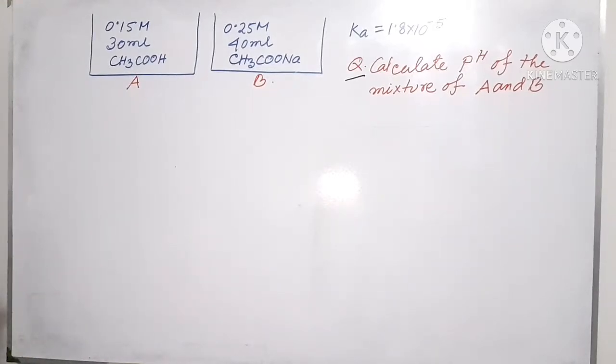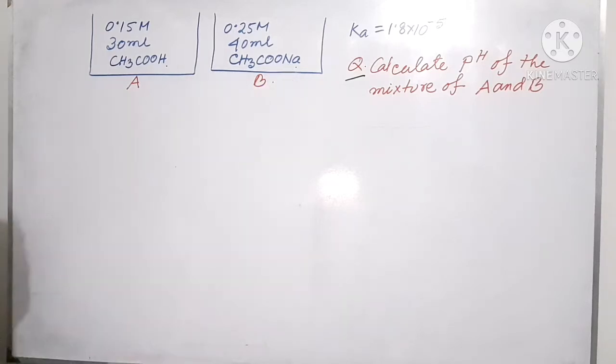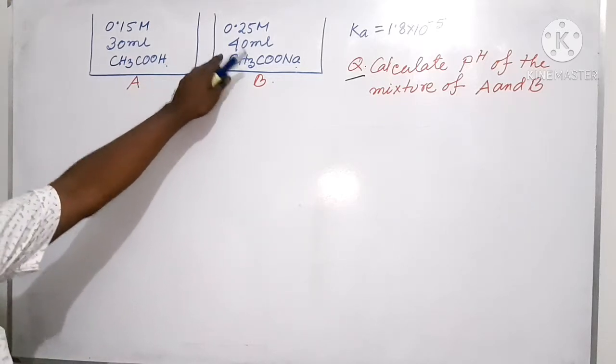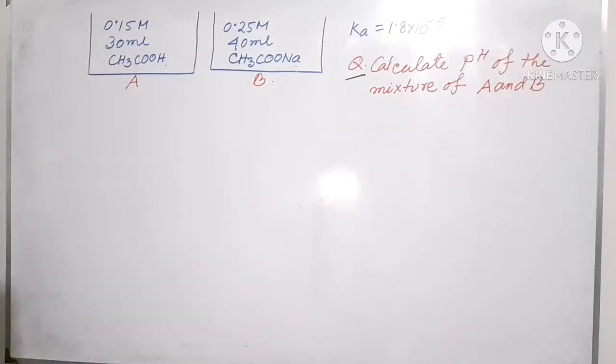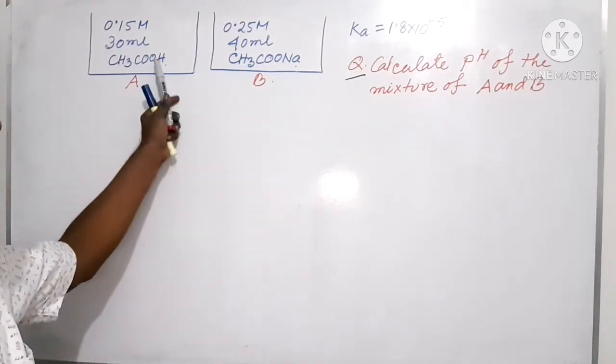That means if we mix this acetic acid and sodium acetate solution, then we have to calculate the pH of this mixture. And we can say that this mixture is a buffer solution because here acetic acid is a weak acid and sodium acetate is its salt.